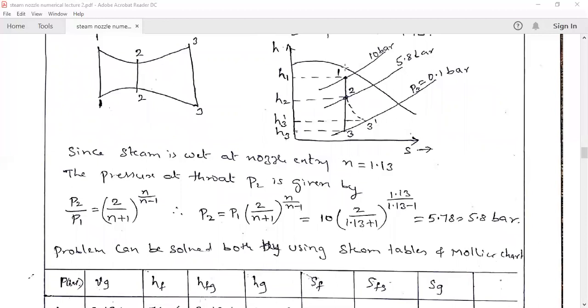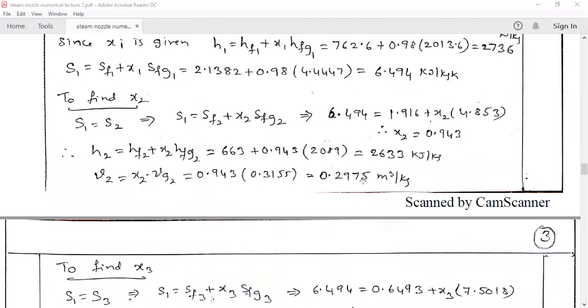That means dryness fraction is 0.98. So next step, using this isentropic process, S1 equals S2, similarly S1 equals S3, first we find the x2 value, that is dryness fraction at 2, and dryness fraction at 3.